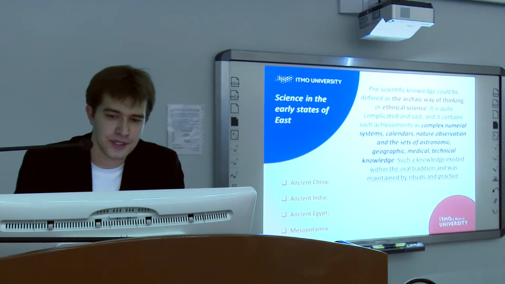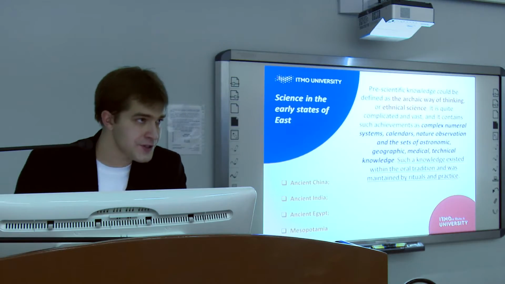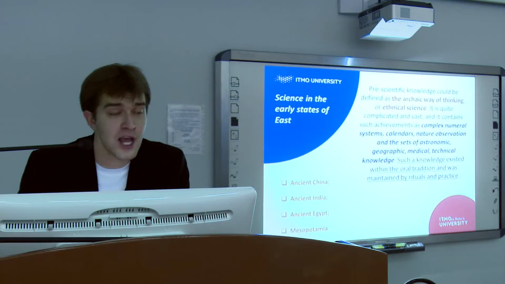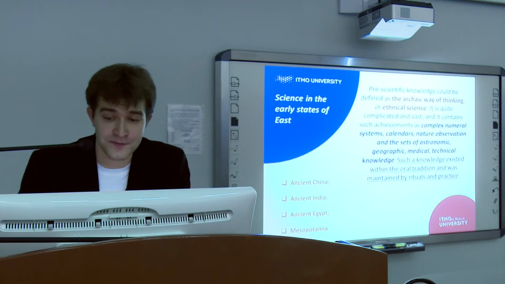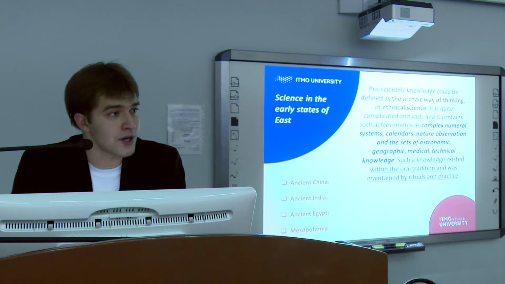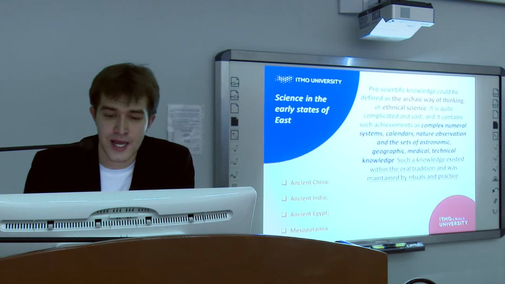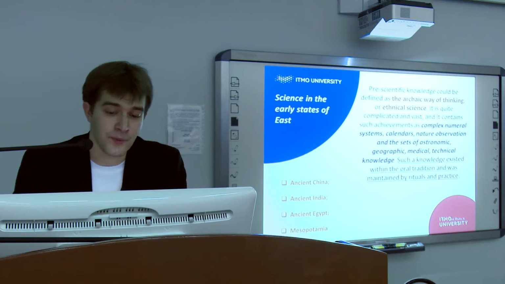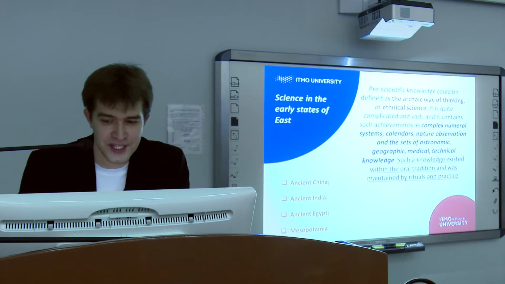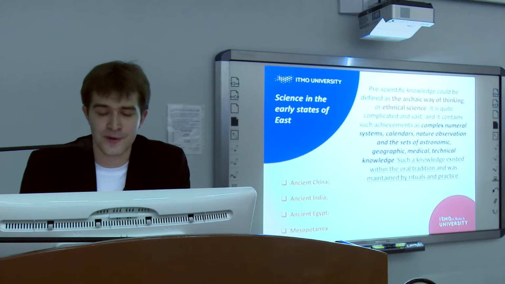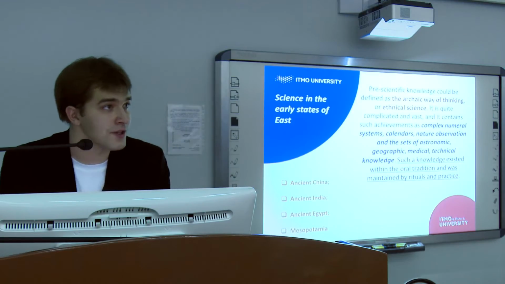Then, of course, we have to mention the first, maybe in terms of our scientific approach, primitive, but still very well developed natural observation. And as a consequence of this observation and the development and the approaches to it, we find specific sets of astronomic, astrological, geographic, medical, technical, and other knowledge.